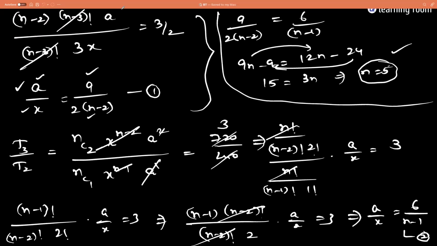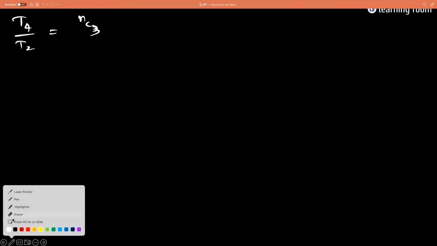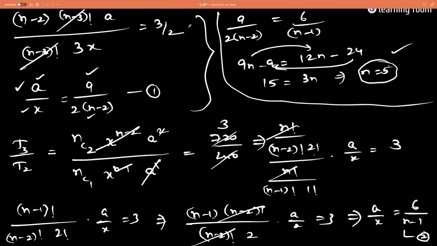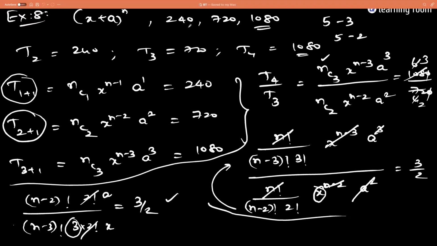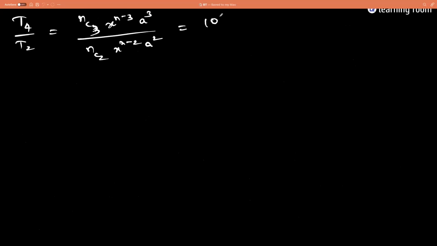So T4 is nC3 x^(n-3) into a^3 divided by nC2 into x^(n-2) into a^2. This will be equal to 1080 divided by 240.